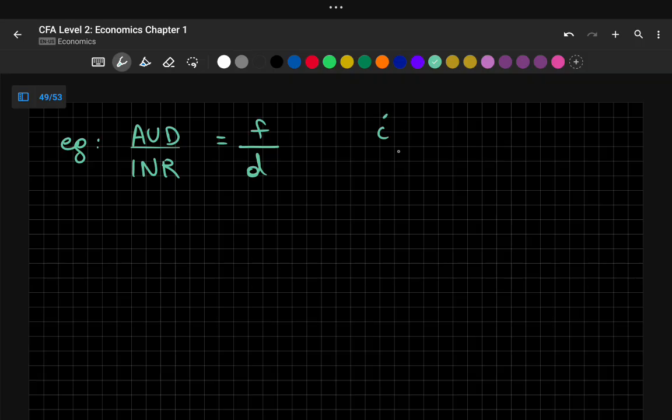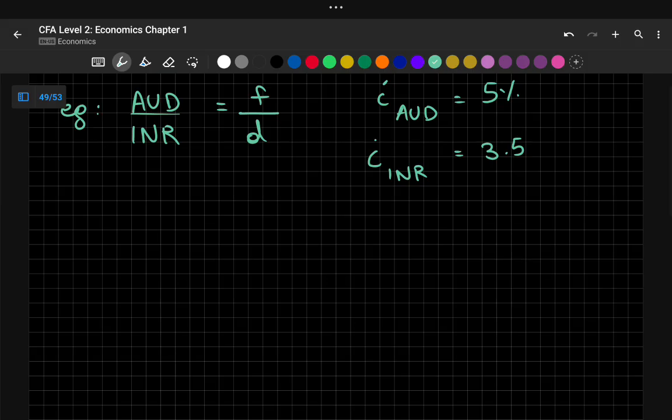Okay, we can understand this with the help of an example. If I take the example of the AUD to INR currency pair, here AUD would be the foreign currency and INR would be the domestic currency. And if they have given the interest rate of AUD equal to 5% and interest rate of INR equal to 3.5%.